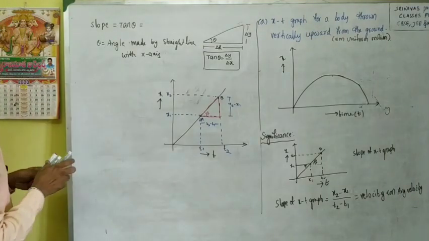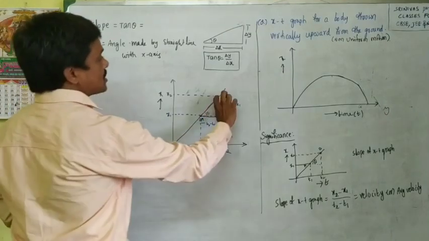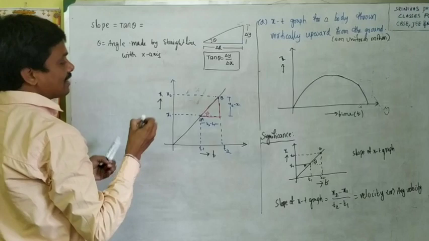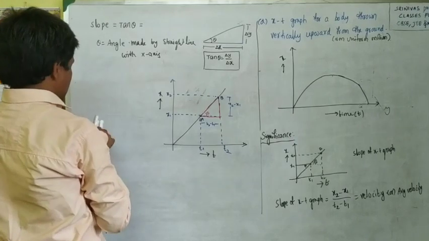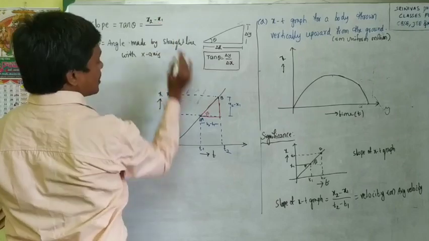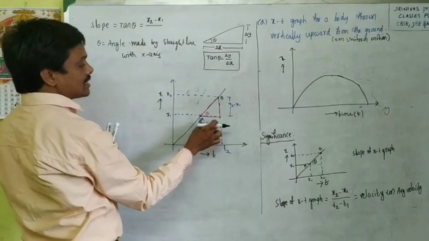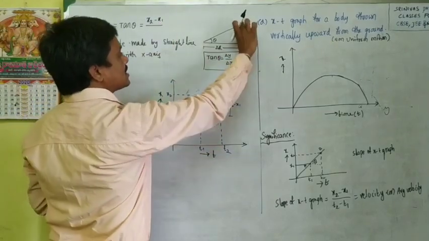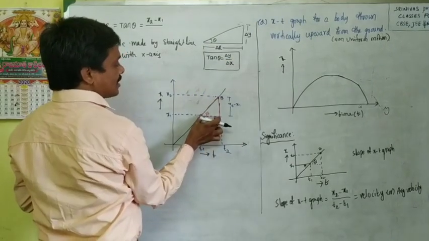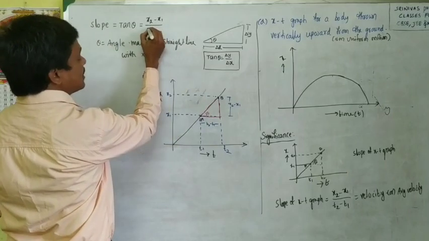What is the tan theta formula? Opposite side by adjacent side, delta y by delta x in the triangle. Delta y is x2 minus x1, and delta x is t2 minus t1, right?